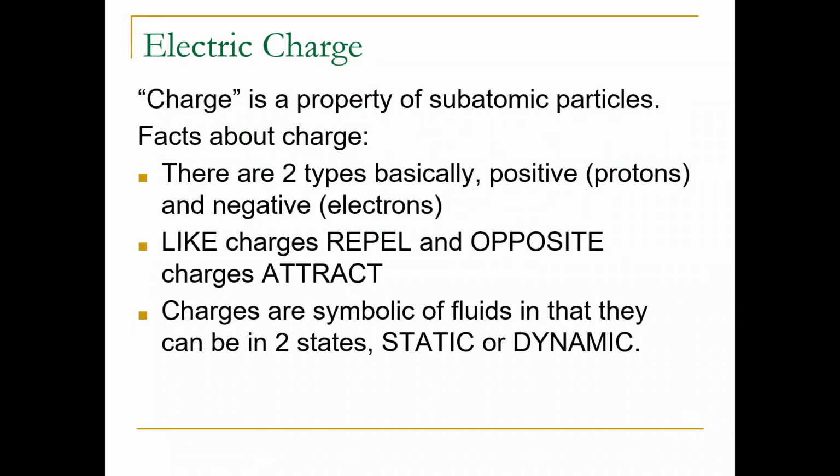Later in the semester, when we start talking about modern physics, we learn that charge actually comes from smaller quantities located within the subatomic particles. We'll get to that later, okay? But for now, we're just going to think about what you knew about charge from maybe chemistry in high school.